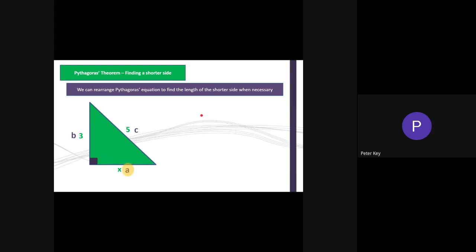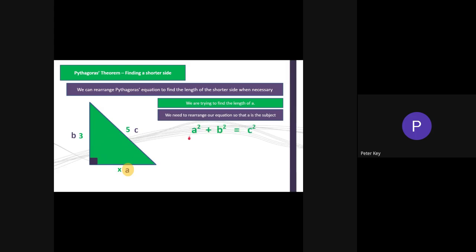So we've got the a there. That's the one we need to find. A is now x. This is the formula we had before: a squared plus b squared equals c squared.